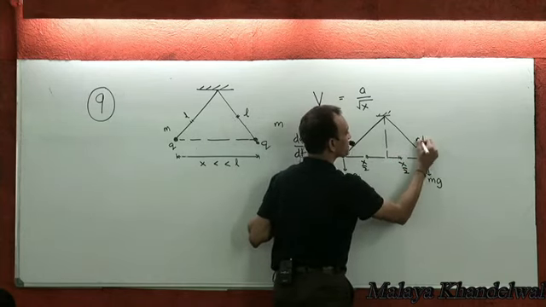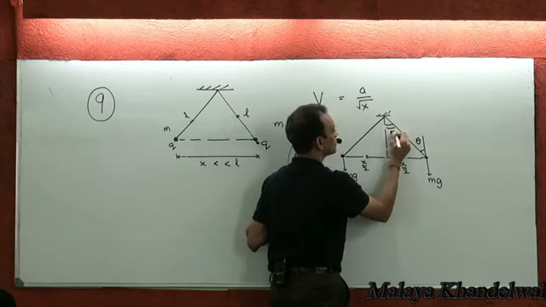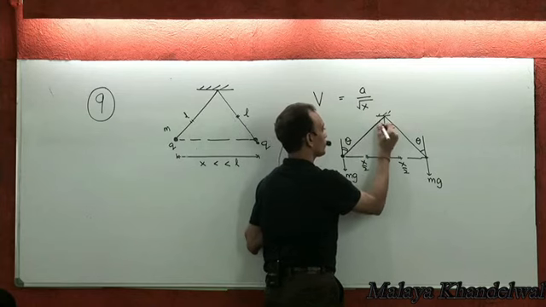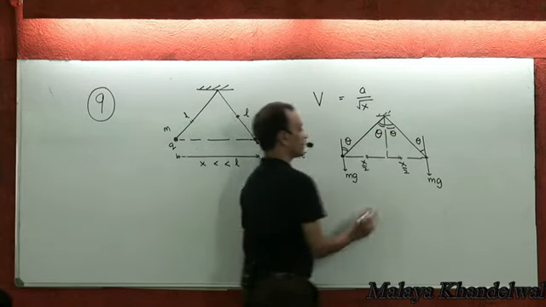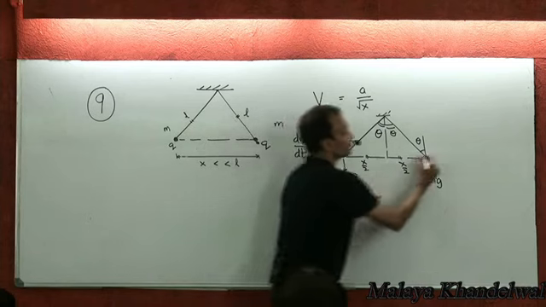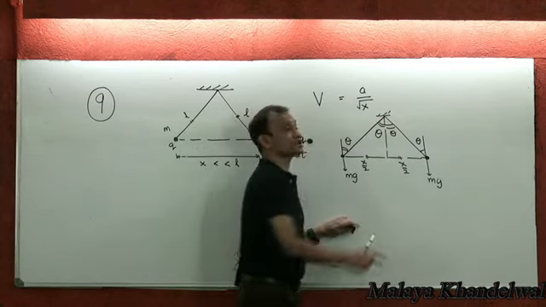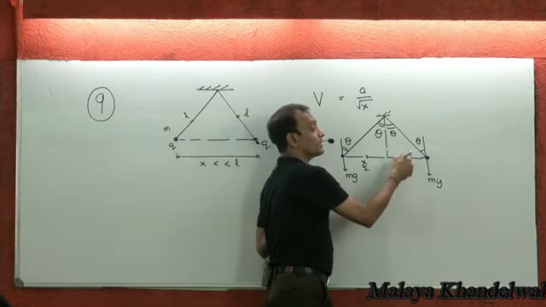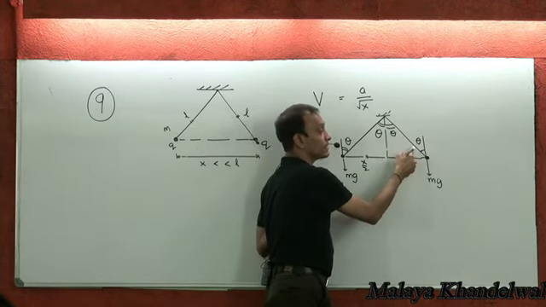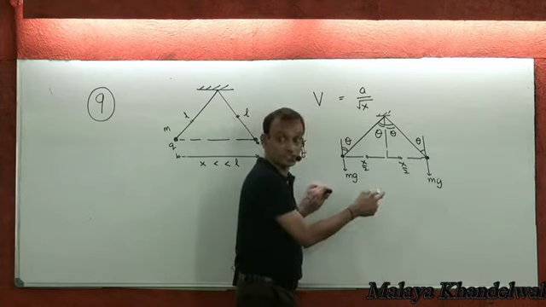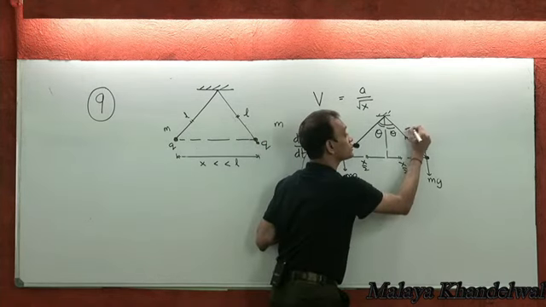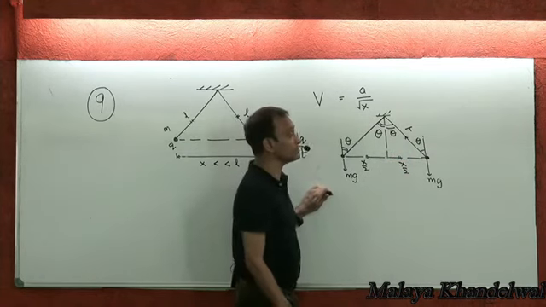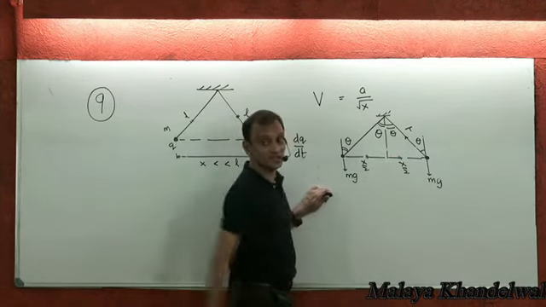Say this angle is theta, this is also theta. For each one of them, the electrostatic repulsion is taken care of by a component of tension. Say T is the tension here, then T sine theta will take care of electrostatic repulsion and T cos theta will balance the weight.